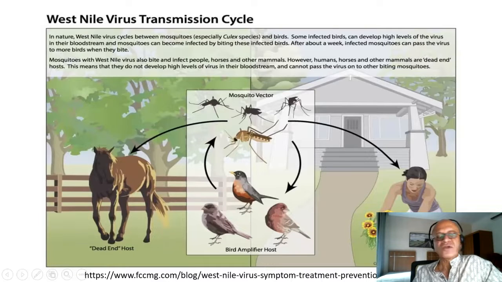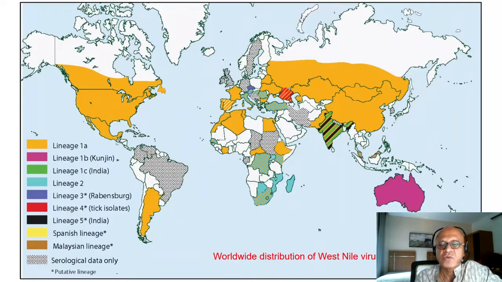So here is a dead-end host, here is a dead-end host, and here are the amplifier hosts, because once they get infected, they allow the pathogen, the virus, to multiply quickly in their bloodstream, which are then picked up by mosquitoes, which bite the other birds, and then soon you have a cycle which increases the availability of West Nile virus as a reservoir among the birds, and then transmitted by vectors like the mosquitoes, Culex type, right? So here is the worldwide distribution of West Nile virus.